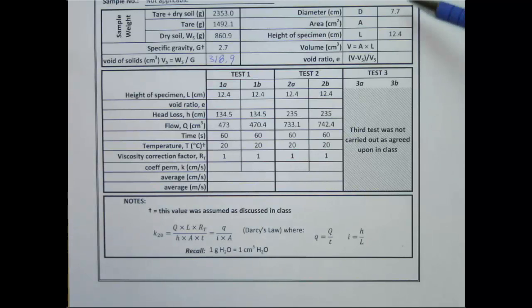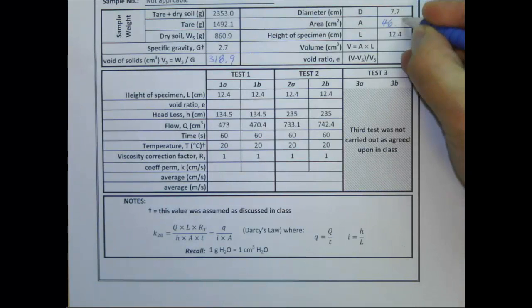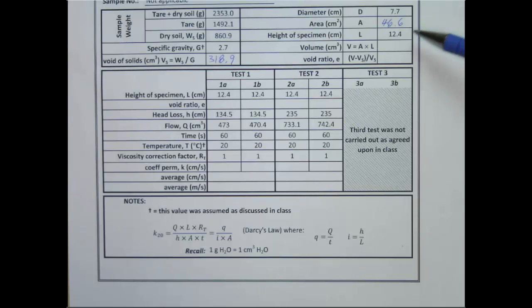So moving on now to the right hand side, you're given the diameter, and if you remember the formula to calculate the area of a circle based on the diameter, and you work it out, 2 out of 3 times, I got this value. You were given the length, the height of the specimen, therefore you can calculate the volume. The formula is provided for you here.